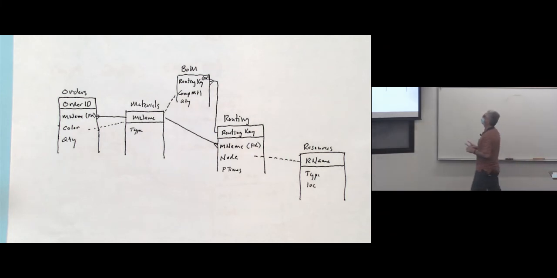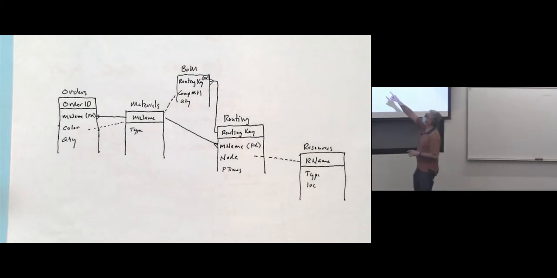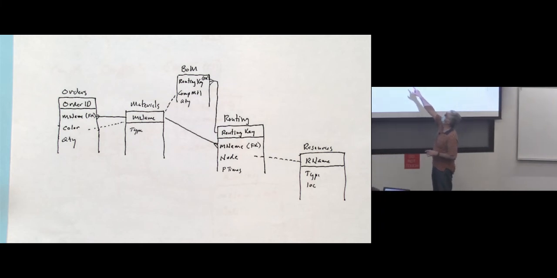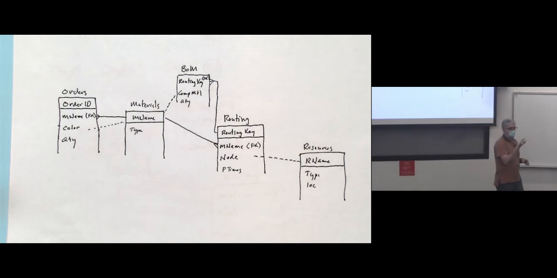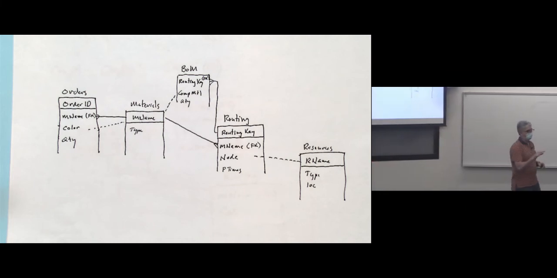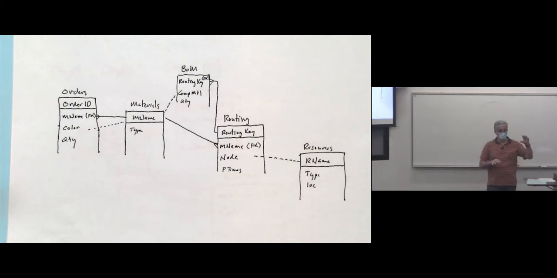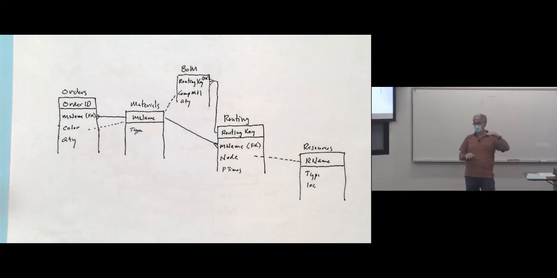If we look at the dash lines, let's look at the materials one first. Material has a dash back to color. Because remember, we're going to paint it either red, green, blue, or yellow. So we have an element representing each one of those colors of paint: an element for red paint, an element for blue paint, an element for yellow paint.